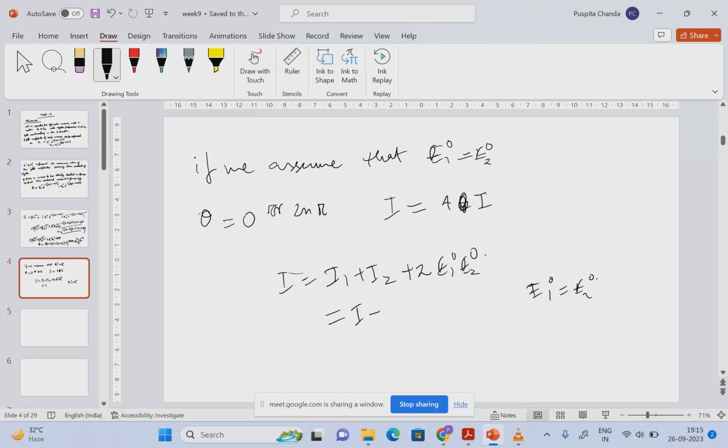So E1 naught whole square plus E2 naught whole square is 2I, and this will become 4I. So this is 2 times higher than the sum of the intensities of the two individual waves, right?